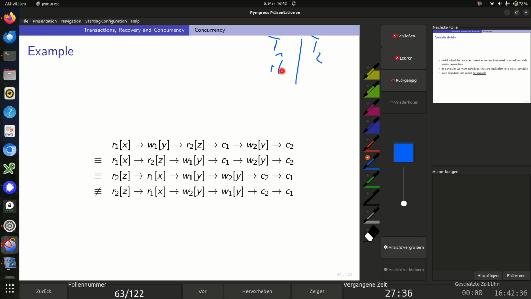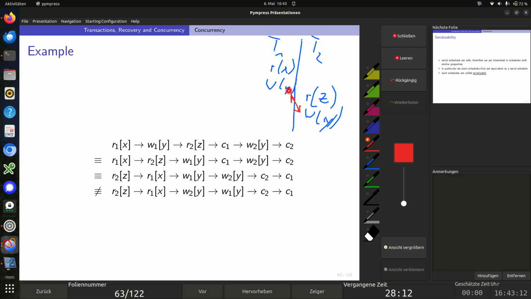We have a read X, we have a write of Y, and the second one is reading Z and writing Y. So what are the conflicting operations? Writes on the same data item. Writes on Y. Exactly, so this is the only conflicting operation.